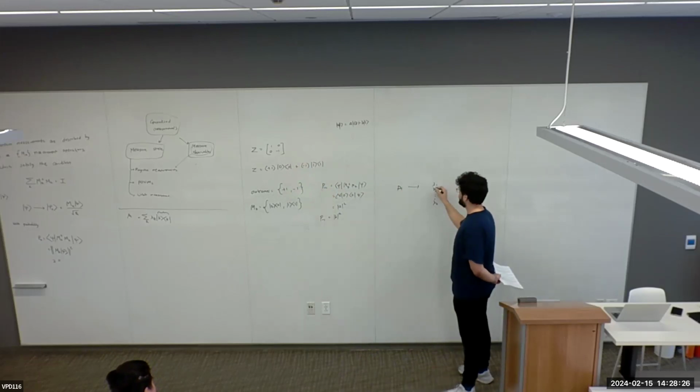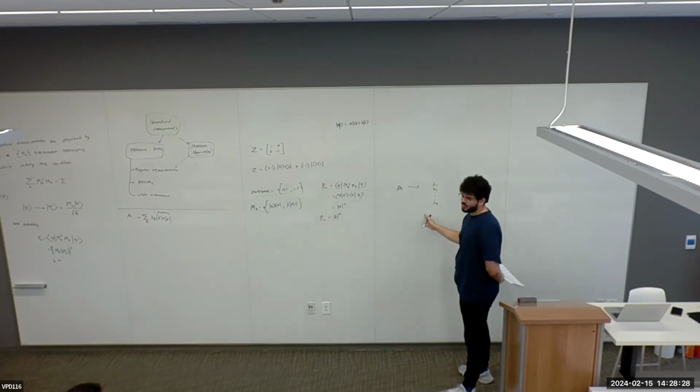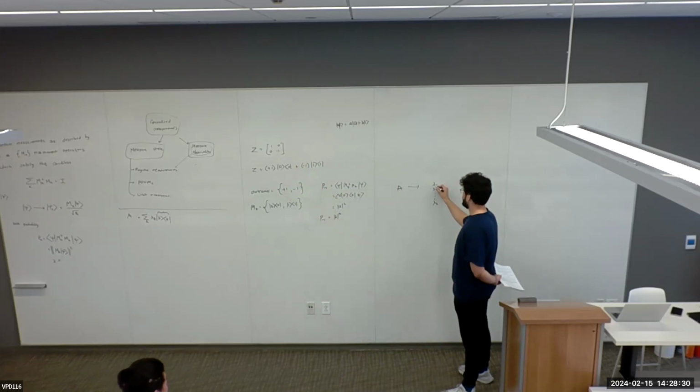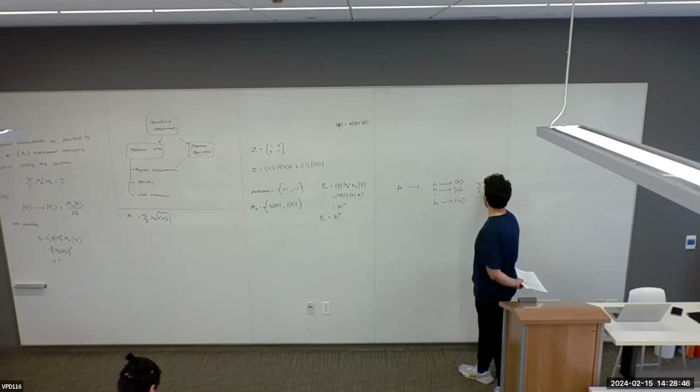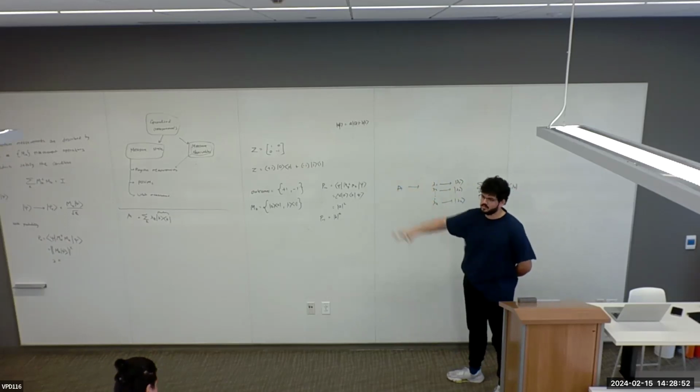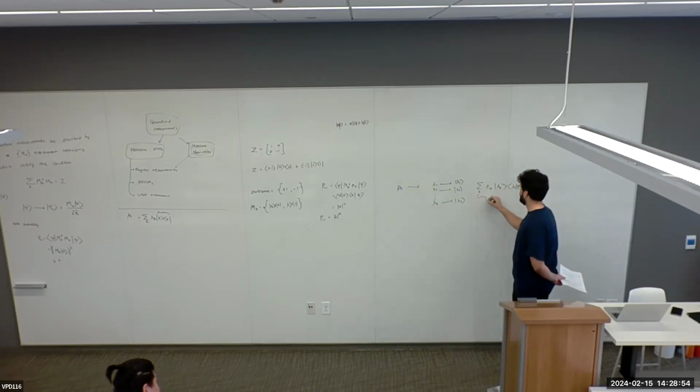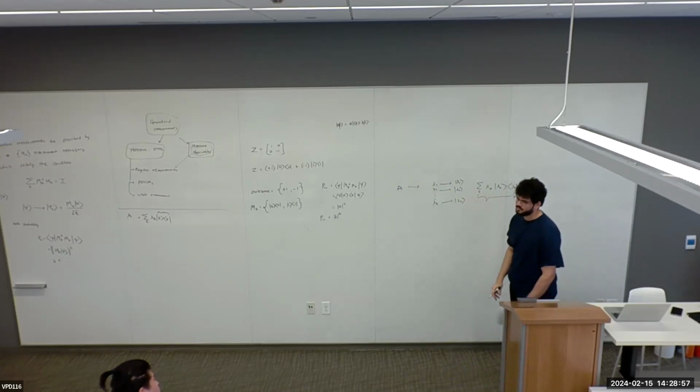Then for each eigenvalue you calculate the eigenvector. Once you have all eigenvalues and all eigenvectors, if you write the sum over k of lambda k times the outer product of the eigenvectors, you will always get the matrix back. This is what we call spectral decomposition.